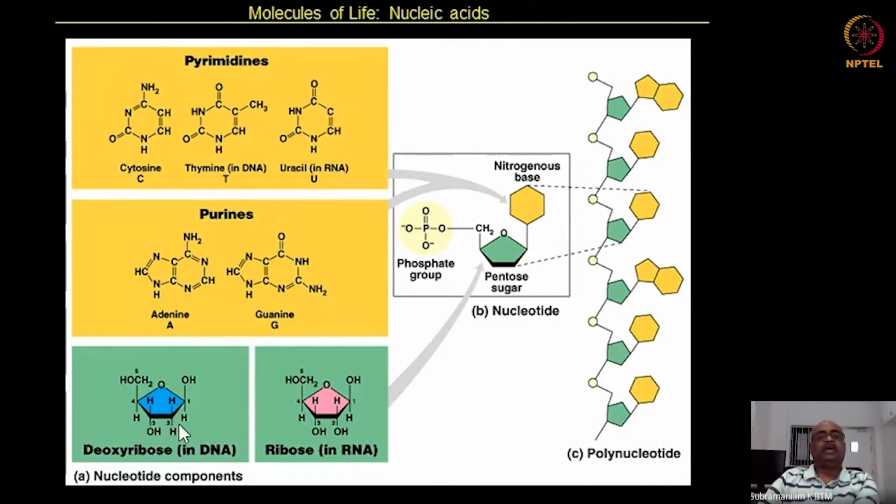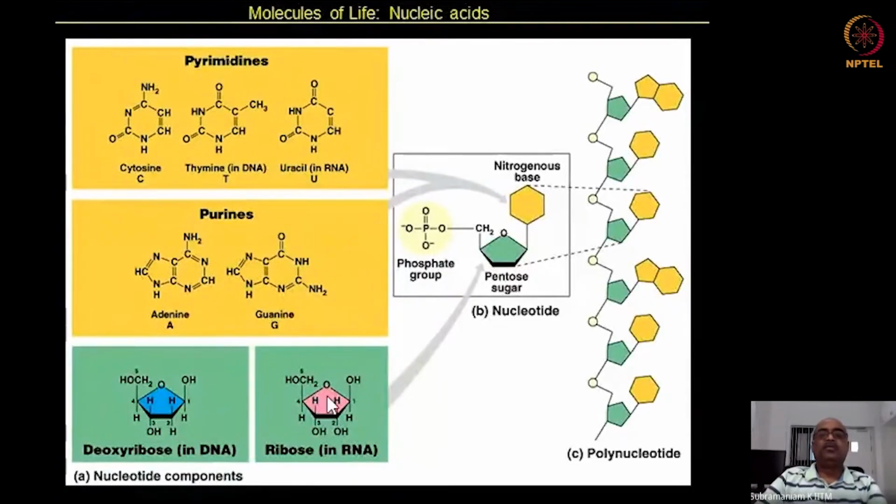And if it doesn't have the hydroxyl group, it is called deoxyribose. If that is the kind of ribose present in a long chain, then that is deoxyribonucleic acid, and shortly DNA. Instead, if a normal ribose is present with its hydroxyl group in the second carbon, then we call this ribonucleic acid or RNA.